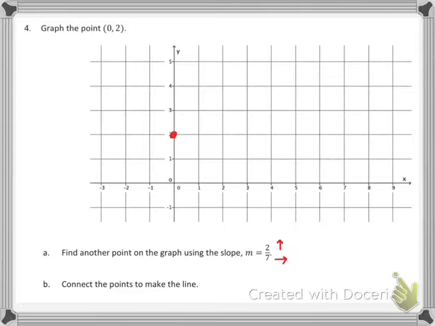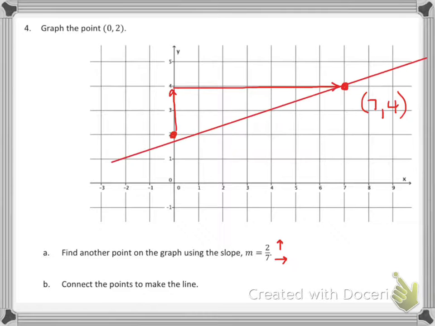Up 2 and then right 7. 1, 2, 3, 4, 5, 6, 7 goes to right there. That's another point. So that point is 7 to the right, 4 up. That's a point on the line. And then we're just going to draw the line. So let's see if I can get this pretty close. That's not bad. Okay, looks like that.